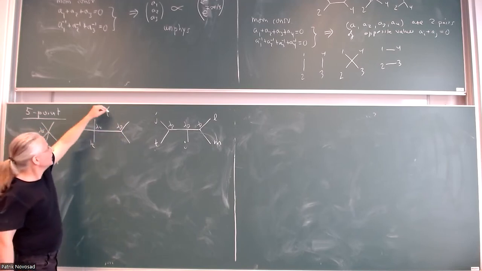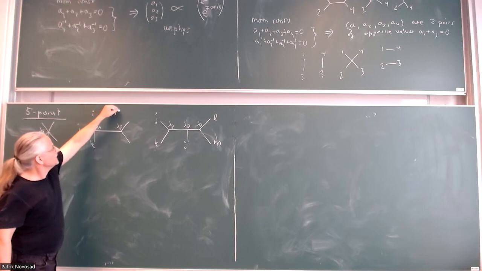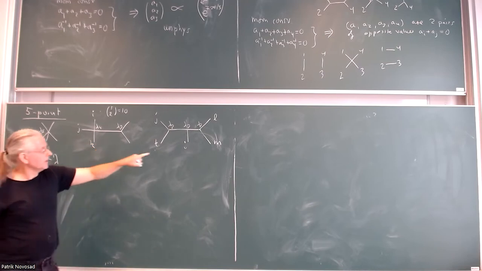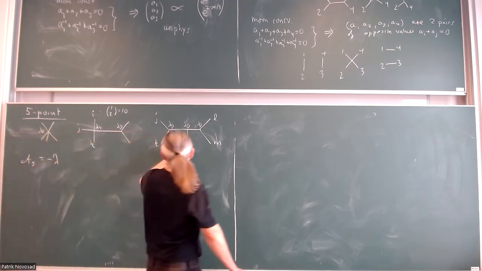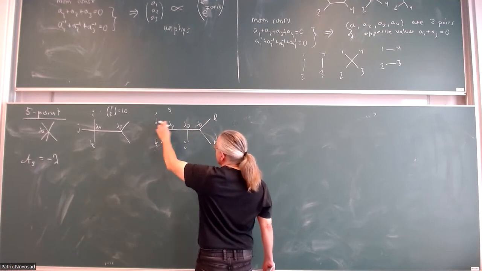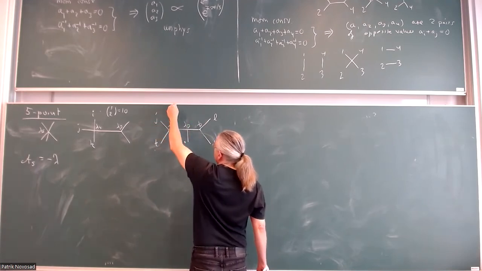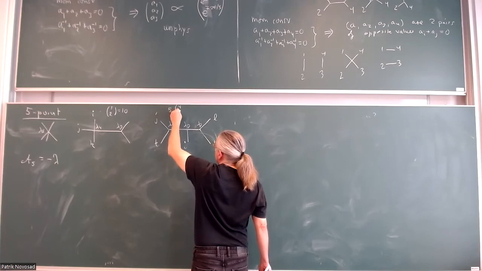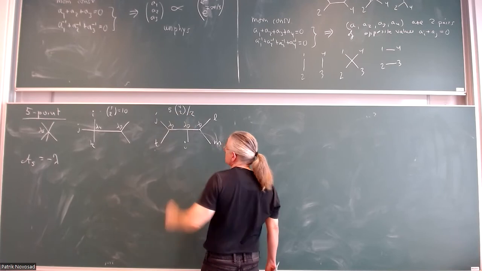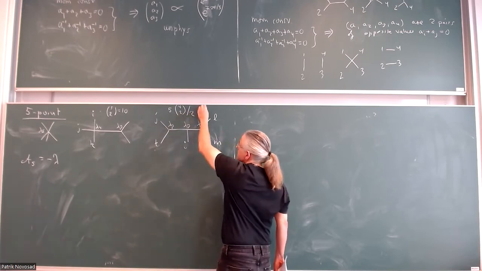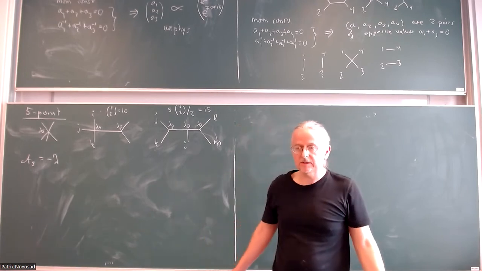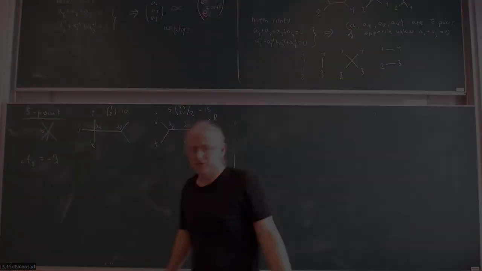So there will be 2 over 5, 10 diagrams of this type. This guy is special. There will be 5 ways to choose that, and then we have to choose 2 out of 4. But because of symmetry, we have to divide by 2. So this is 15 diagrams. So that's 26 diagrams. So it's a little bit too much to do now.